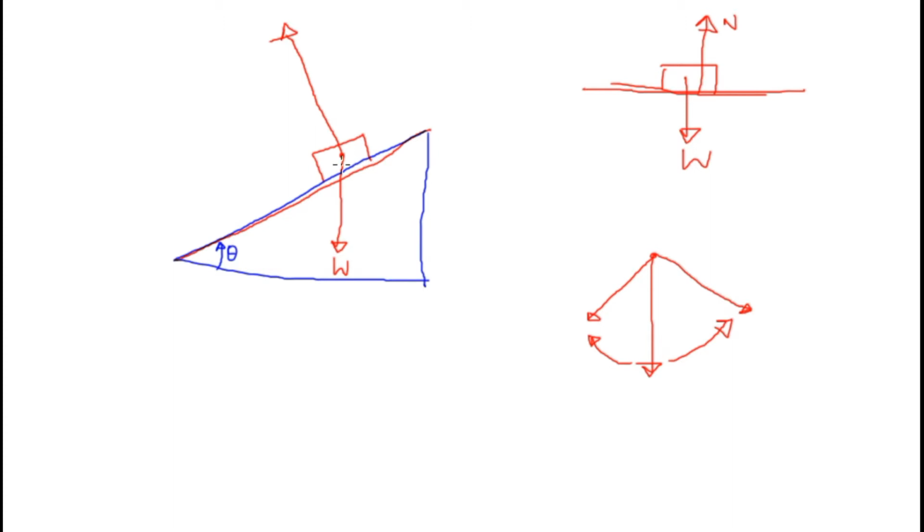The horizontal component of the weight is what we always have parallel to the plane. And this is perpendicular to the plane, which is another component of the weight. This component of the weight, which is perpendicular to the plane, is equal and opposite to the normal reaction, the normal force, which is also perpendicular to the plane. So they are both perpendicular to the plane, acting on the object.